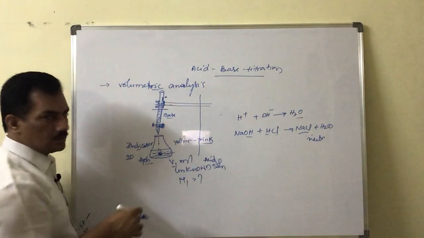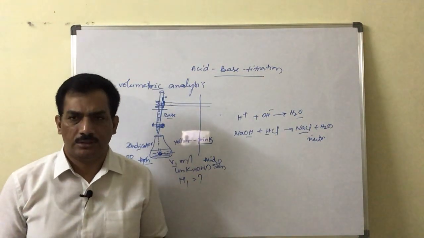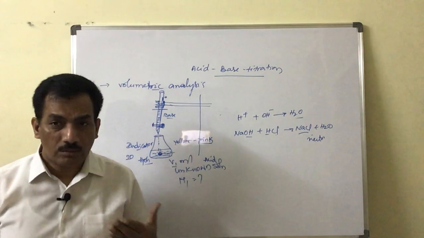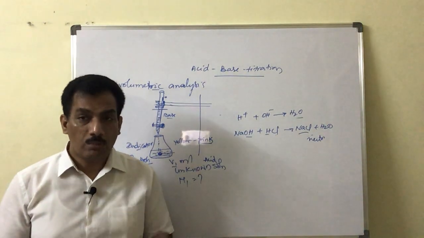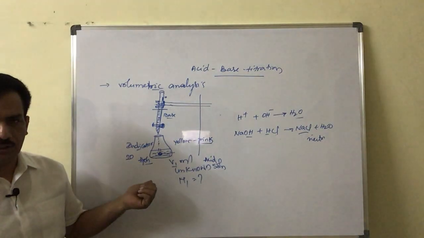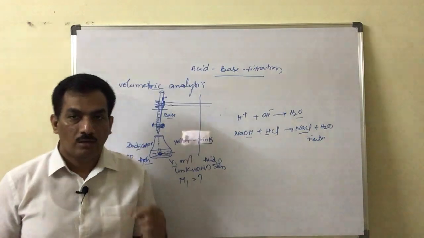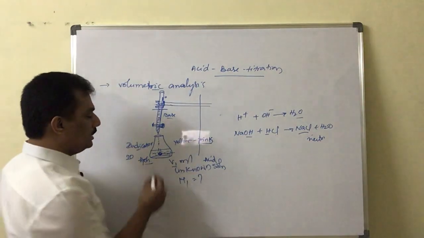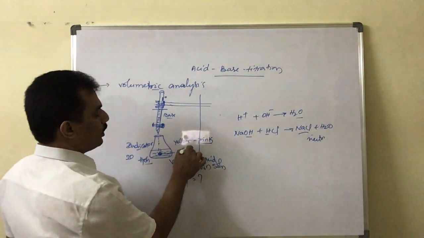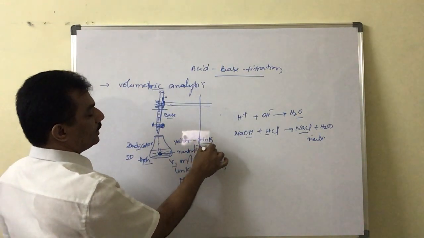With our naked eye we can observe the color difference, isn't it? It is visible to normal eyes also. So when a sudden color change appears, there we have to consider it as the neutralization point.